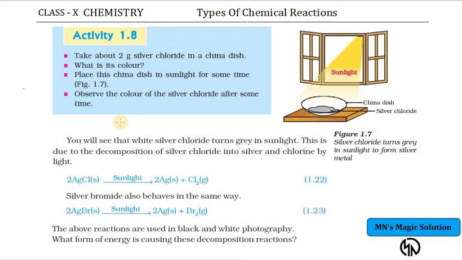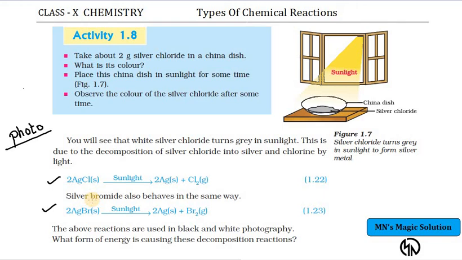The next, third type of decomposition is called photo decomposition, in the presence of light or sunlight. When energy from the light source is taken and a particular decomposition happens, it is called photo decomposition. In your textbook you have 2 examples for this third category: AgCl and AgBr.